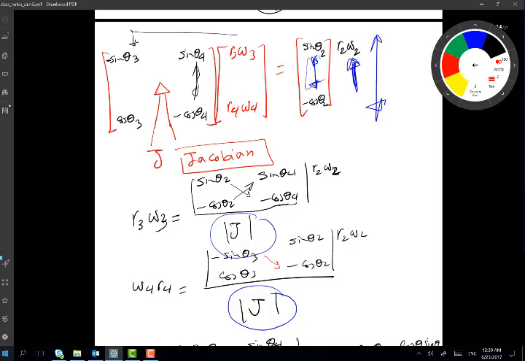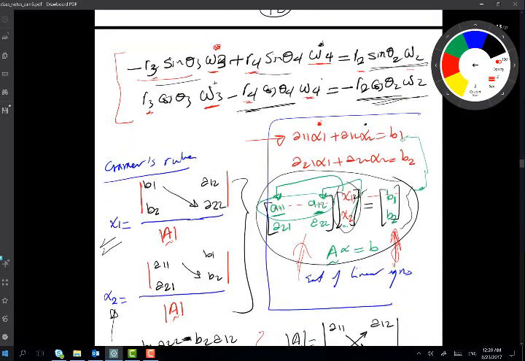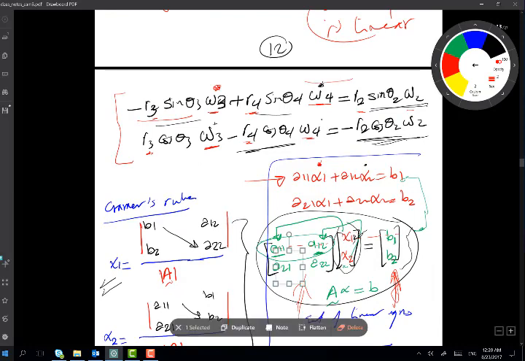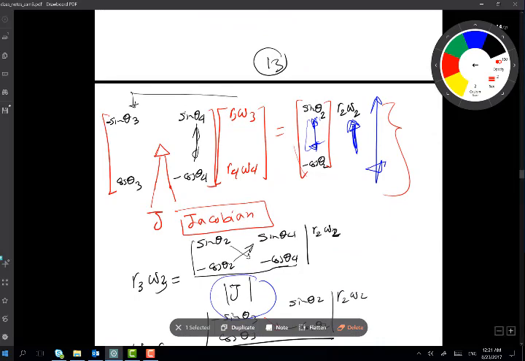But if on the right hand side, instead of omega 2, I decided to have omega 4, for example, I can rearrange my equation, no problem at all. My equations are actually here. I could move things around to have omega 4 on the right hand side and omega 2 on the left hand side, and then my Jacobian will have omega 2 here and omega 4 there.